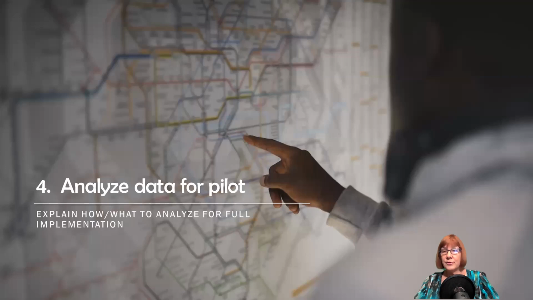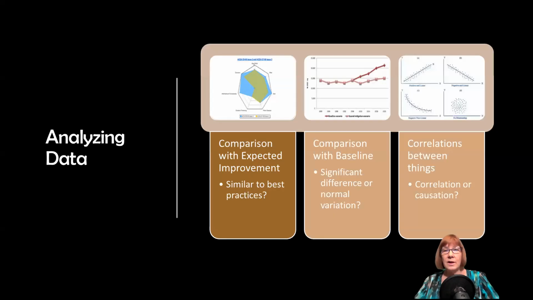And then you want to explain how and what to analyze for full implementation. So think about what you are expecting them to analyze and what you are expected to analyze. Are you doing a comparison with an expected improvement?